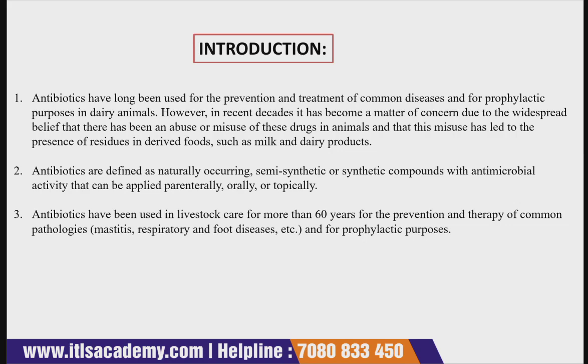So antibiotics are defined as naturally occurring and synthetic compounds with antimicrobial activities that can be applied parenterally, orally or topically. So what are antibiotics now, and why are they used? An antibiotic is nothing but a naturally occurring, sometimes semi-synthetic or synthetic compound that has antimicrobial activity, meaning it acts against microorganisms.